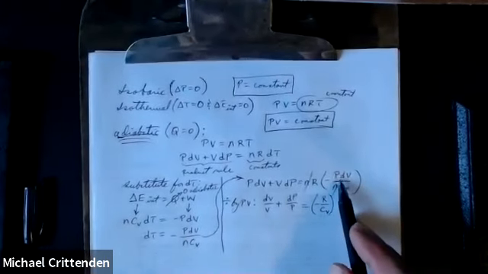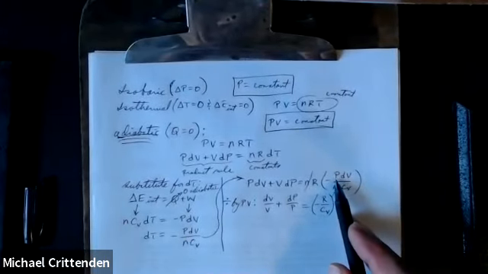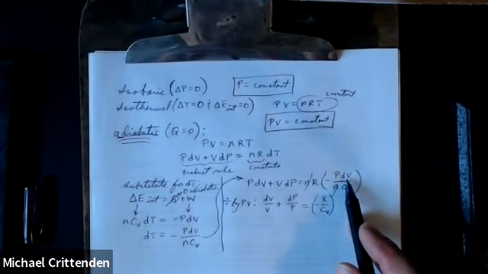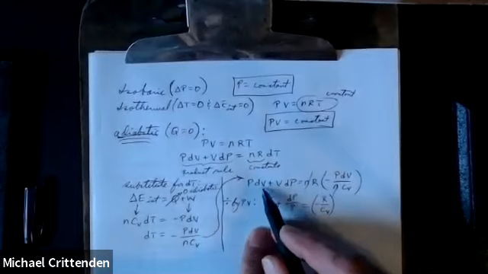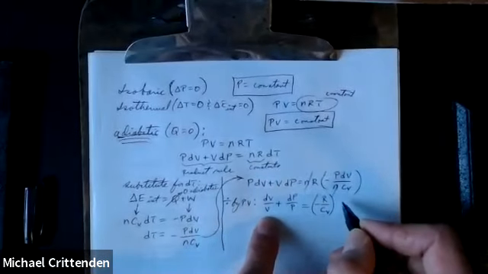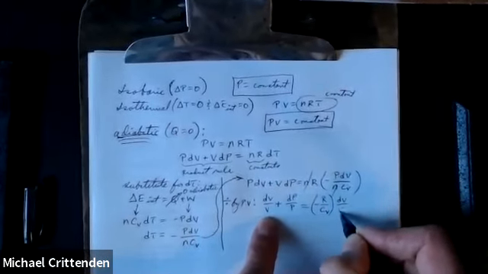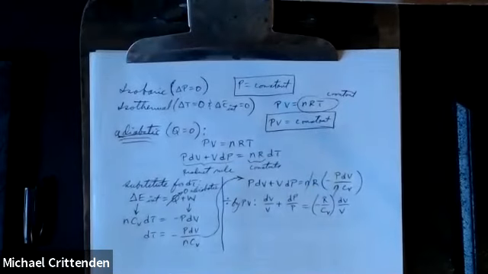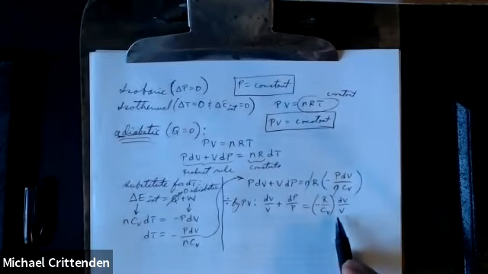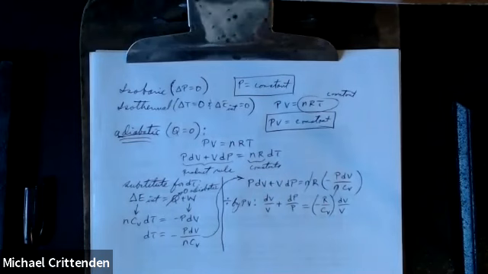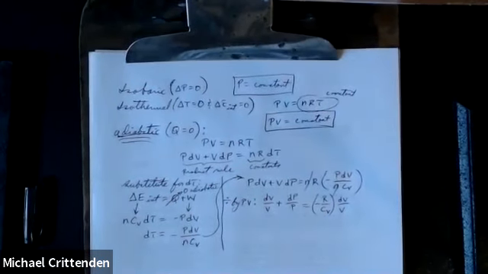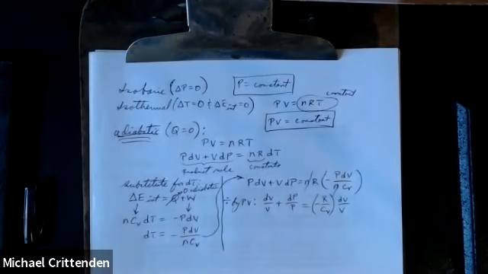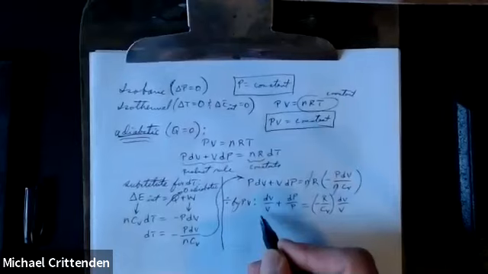And then over here, P dV over PV would be just like it was over here, dV over V. Well, I've got two terms that have dV over V in them. I think I would do well to combine them. So I'm going to add that to both sides.